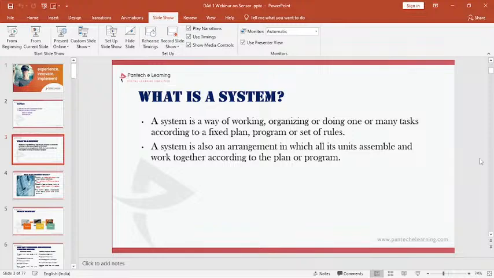Now, before knowing embedded systems, first basically what is a system? System is nothing but a combination of an organization, or a fixed plan, or a program set of rules.